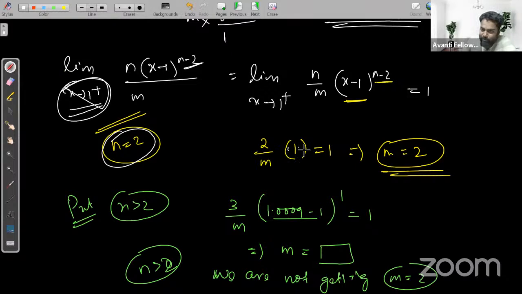So 0 point something you are getting in the base, and in the power you are getting 0. So something to the power 0 is 1. So here we are getting 1. That's why we are getting m is equal to 2, only in this case when n is equal to 2. Clear?